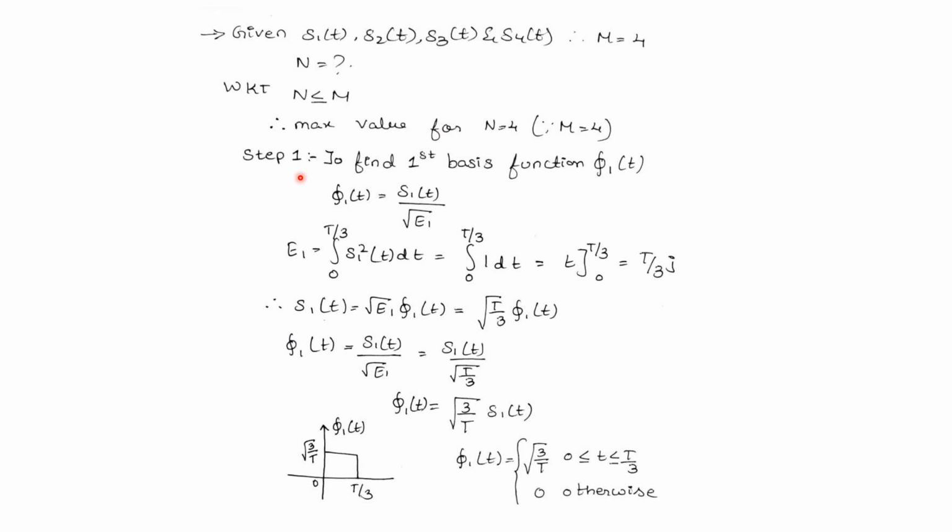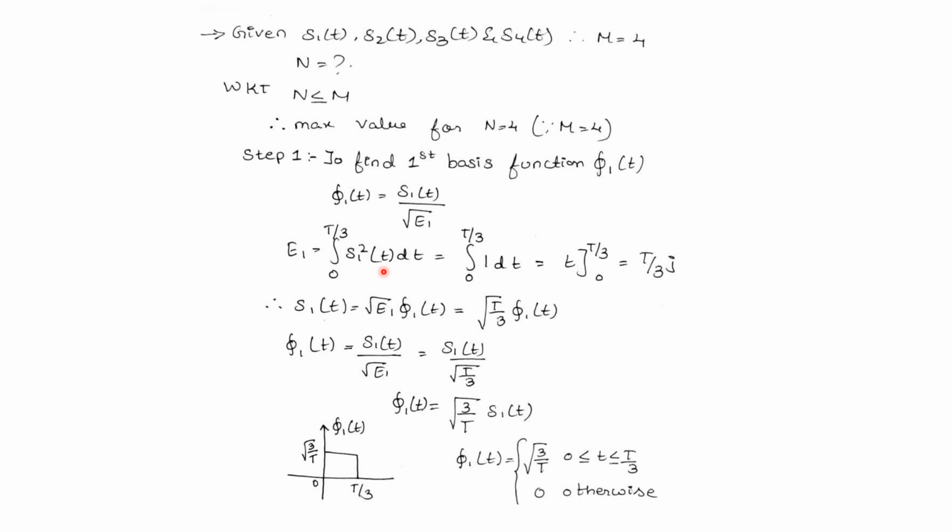In step 1, we have to find the first basis function, which is phi 1 of t, and to find phi 1 of t there is a formula, that is s1 of t by root E1. And how to find E1? E1 is the energy of the first signal, that is the s1 signal. So E1 is equal to the integral from 0 to T of s1 squared of t dt.